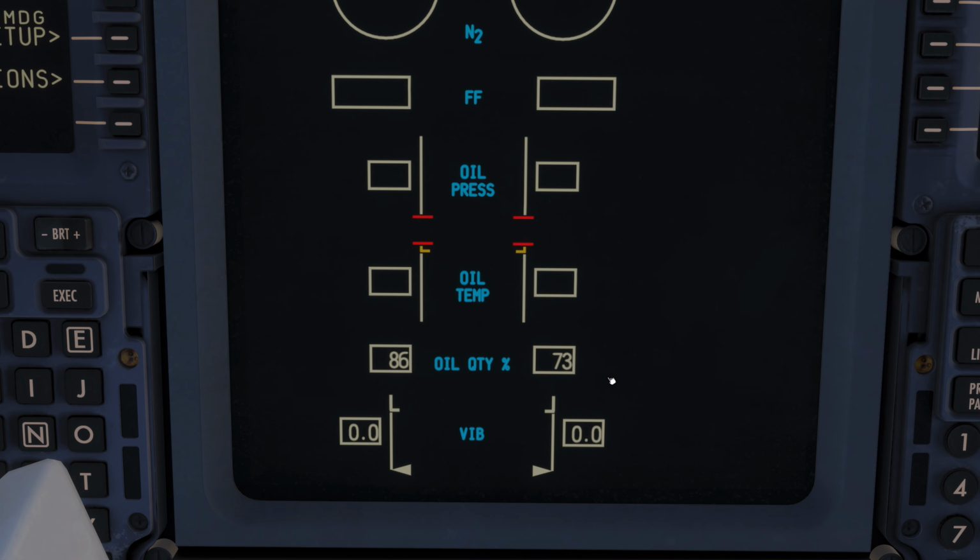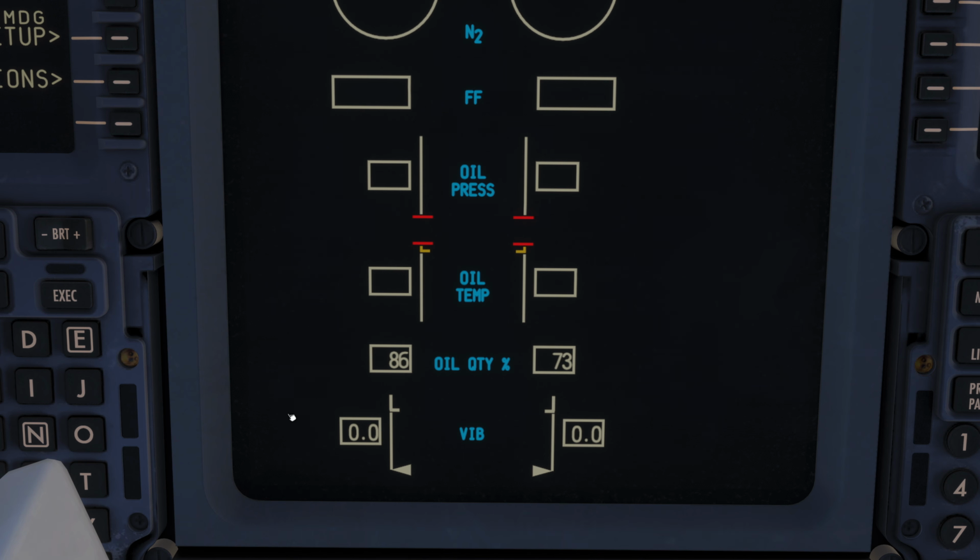In the air, you use it to a certain extent, because you always have to have a certain minimum that the engine manufacturer is going to define, but the indication is always going to go up after landing when the engine is turned off. So generally, you just have a minimum figure that's going to be defined by your engine manufacturer. You make sure that you have that on board, and only if the quantity starts dropping too far in flight, that's when you start getting concerned about having an actual oil leak.